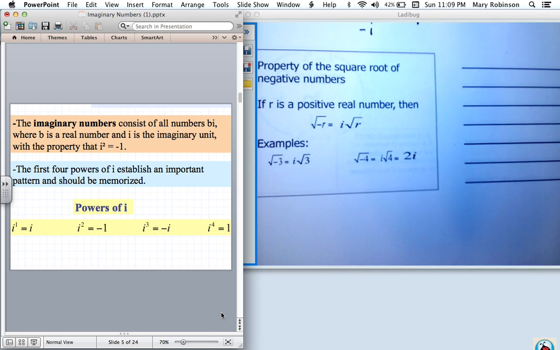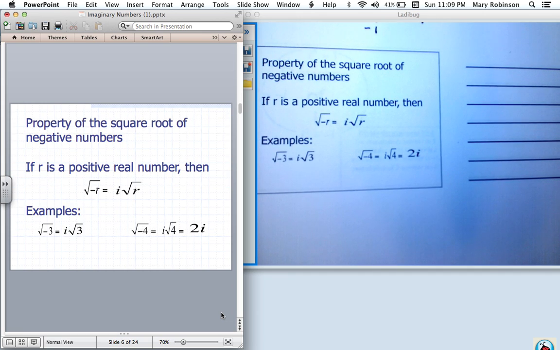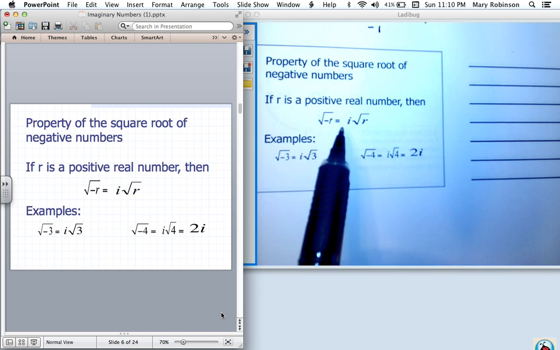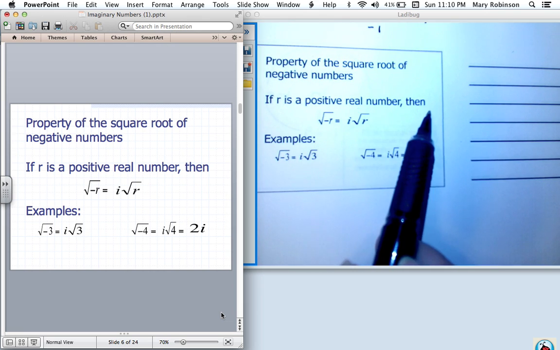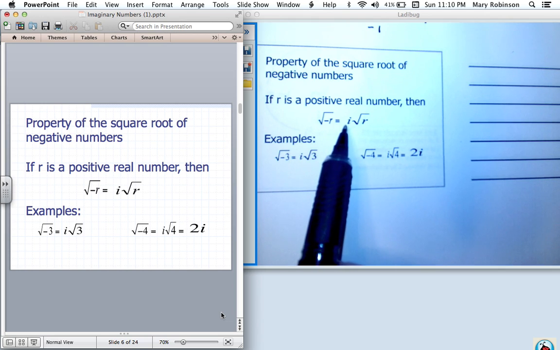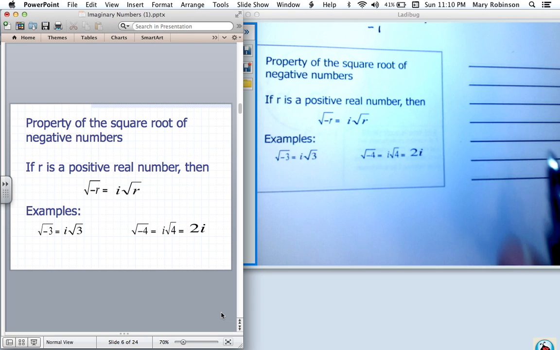So let's go ahead and move ahead with learning how to simplify radicals when we have a negative radicand. To do this, we're going to use the property of the square root of negative numbers, which says that if r, meaning our radicand, is a positive real number, then the square root of negative r would equal i times the square root of r.